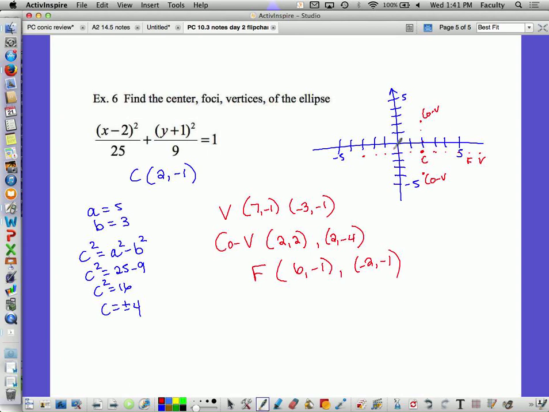I'm very visual, so I plotted, just not the whole thing, but just enough. And then the minor axis is up and down 3 units to get your co-vertices. And then the foci are 4 units on the major axis. In this case, it's right and left. All right, any questions at all on this?